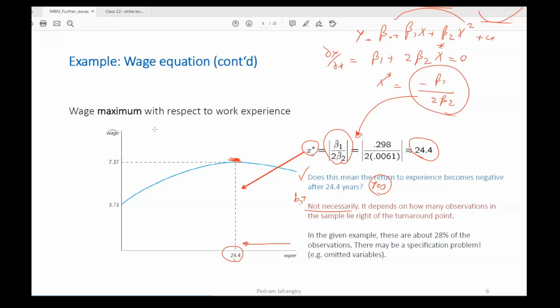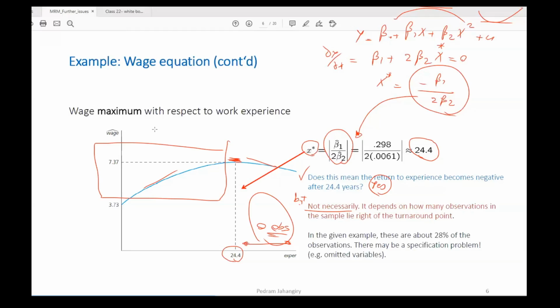Because if I have 0 observations here, are you worried? Is the model telling you a contradicting story? No, because on paper or in theory, the model is telling you that marginal effect is increasing, then decreasing, so it's bad news. But if you don't have any observation here, are you worried? No. So there's only one consistent story that the model is telling you.